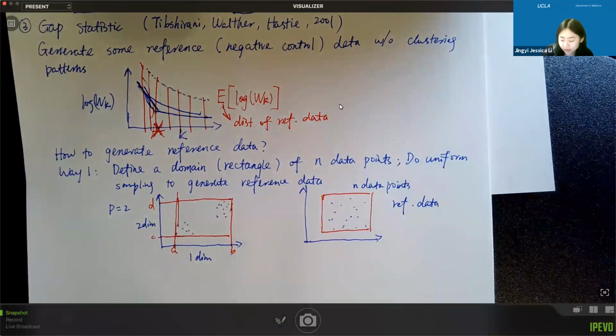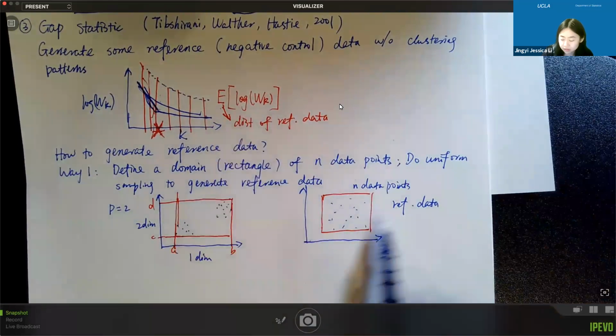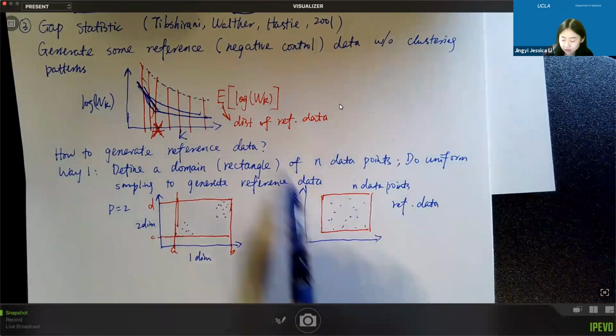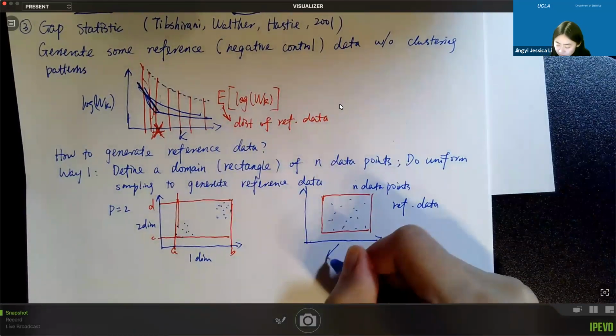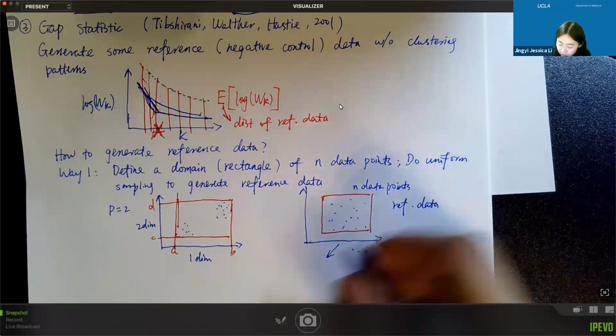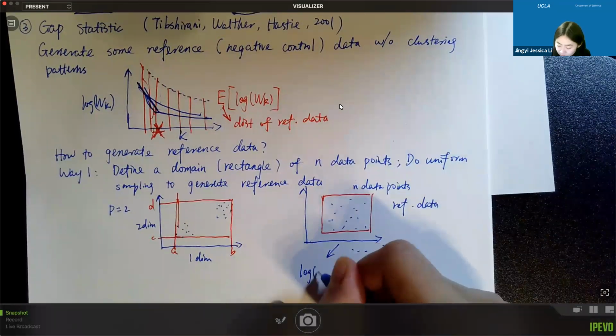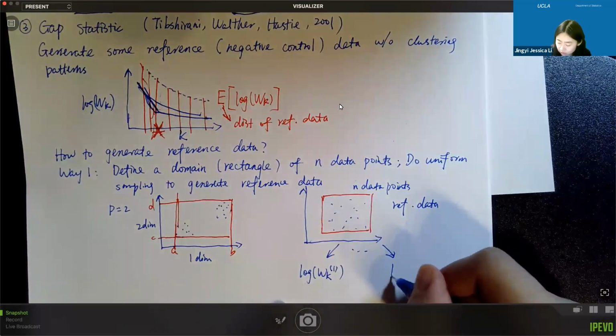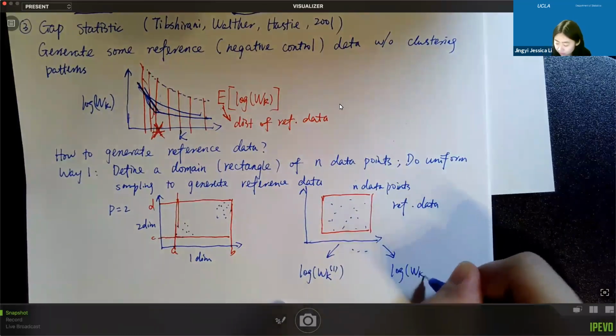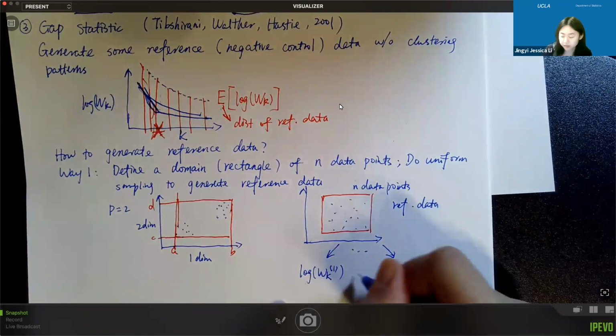Then you apply the K-means algorithm to this data, and you can get a log WK. And you repeat this sampling, you get another log WK. Let's say that you do that capital B times, you will have log WK1 for the first sampling, log WK2, up to log WKB for the B-th sampling.